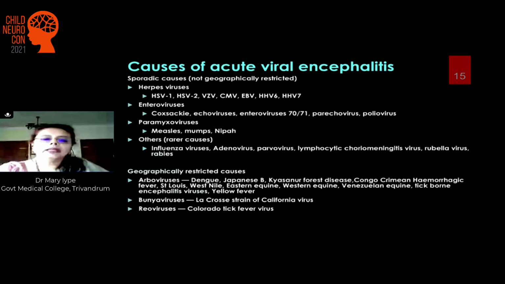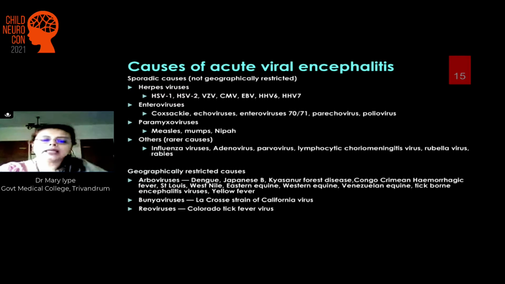There are a number of enteroviruses: Coxsackie, echo, enterovirus 70, 71, parechovirus, and poliovirus. The paramyxoviruses include, in addition to Nipah, measles and mumps. And the other rarer causes are influenza, adenovirus, parvovirus, LCM virus, rubella, and rabies.